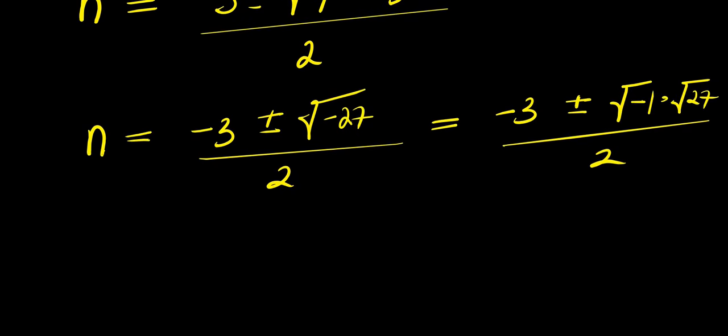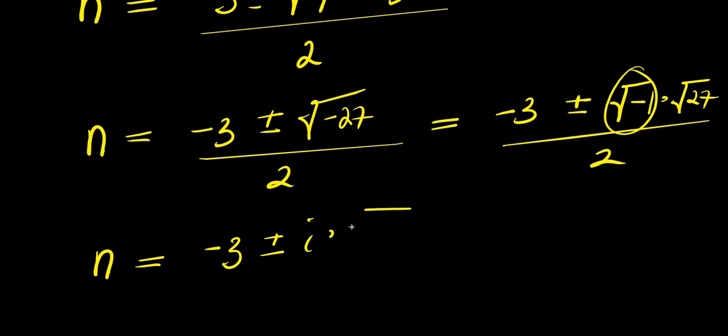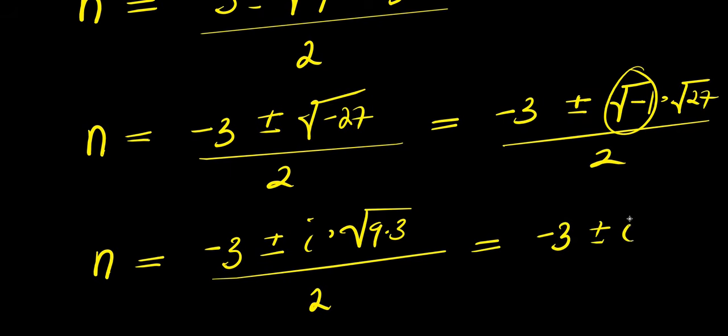So from here, we have n equals negative 3 plus or minus square root of negative 1, here is i, times square root of 27. 27 is 9 times 3, divided by 2, which equals negative 3 plus or minus i times square root of 9 times square root of 3 divided by 2.